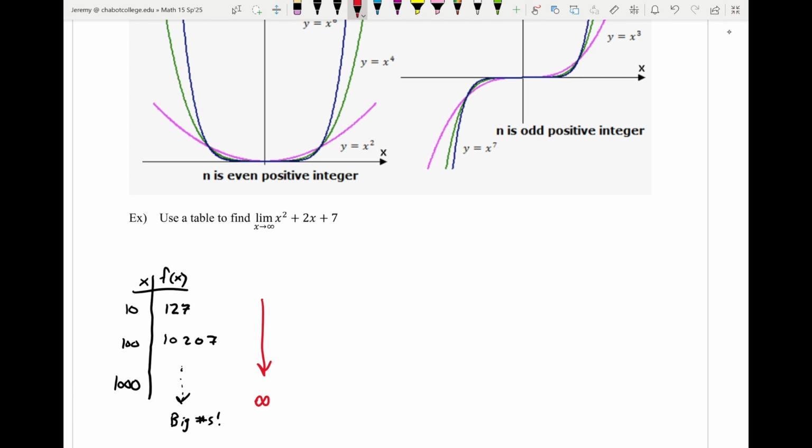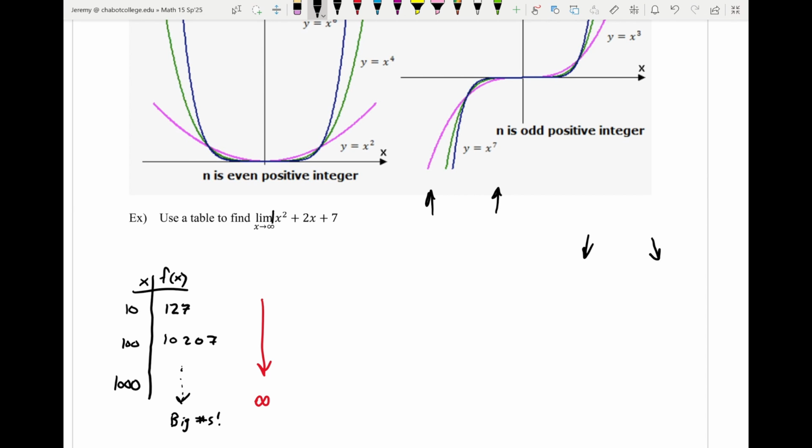Okay, but I actually happen to know what this graph looks like roughly. Like I know the end behavior of the graph. Since it is even degree, right? The highest power on x is an even number. I know that I'm going to have behavior that is either up on the left and up on the right, or down on both sides. The leading coefficient in this case is positive 1.